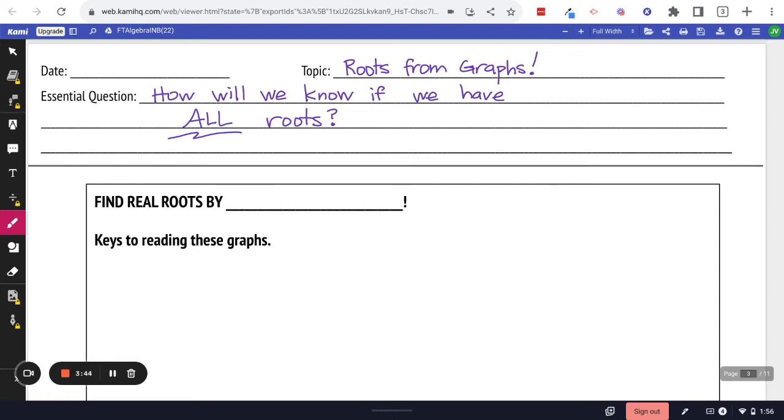And so here we go. We're going to find real roots by graphing. And if we want to clarify that a little bit, we find them all by using Desmos.